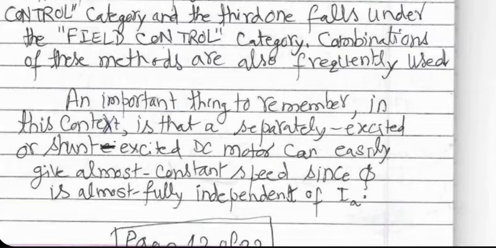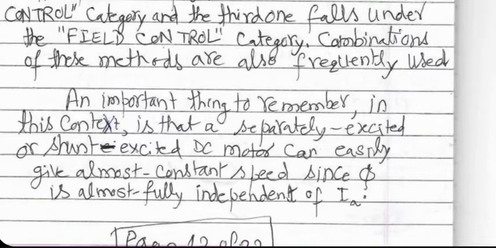A separately excited or shunt excited DC motor can easily give an almost constant speed, because phi is almost independent of IA. For the separately excited case, phi is totally independent of armature current. And for the shunt excited case also, phi is essentially independent of IA.